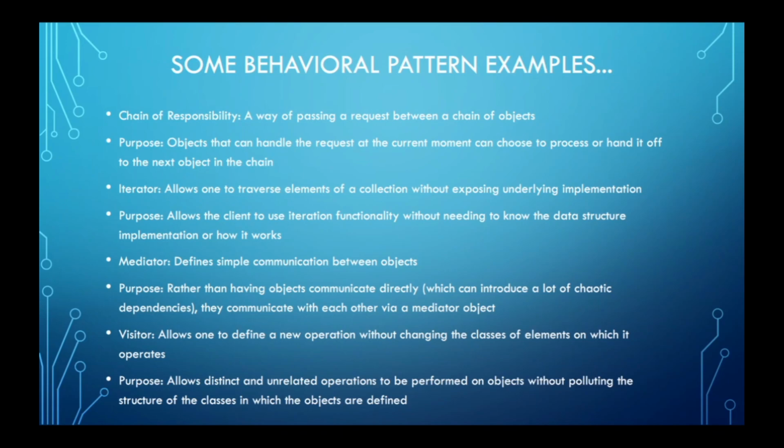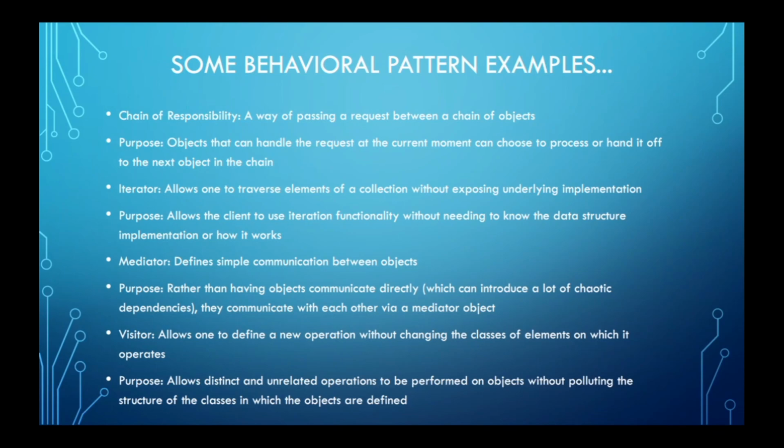You want it to be done by somebody, and maybe one part of the program is busy, so it'll just pass on to the next, and the next. Another way of looking at it is, I don't know who this has to be processed by, but I have this hierarchy of objects. I'm just going to pass it down, and eventually we'll get to the right object. So that's the chain of responsibility.